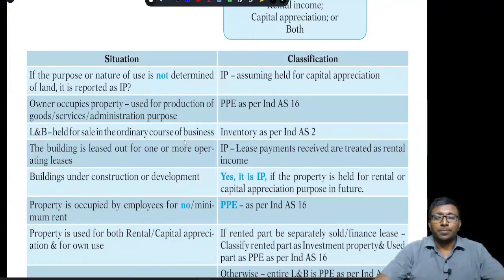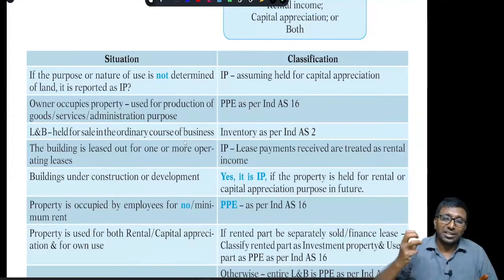Right. If the company is providing some services to the customers, like in a hotel building, even when the owner is providing some services, one has to look at the significance of the services. If they are insignificant services like security and maintenance, then it is investment property.